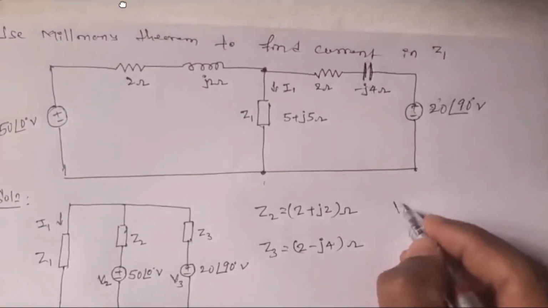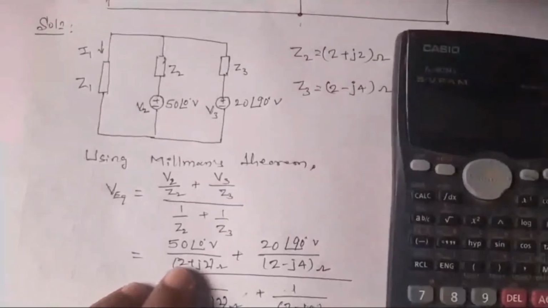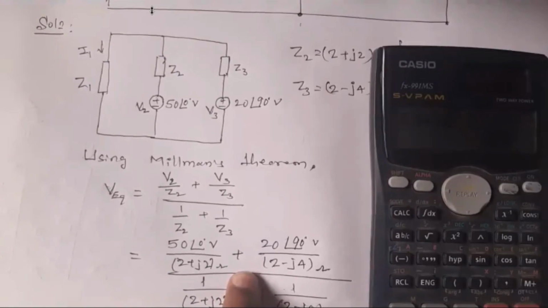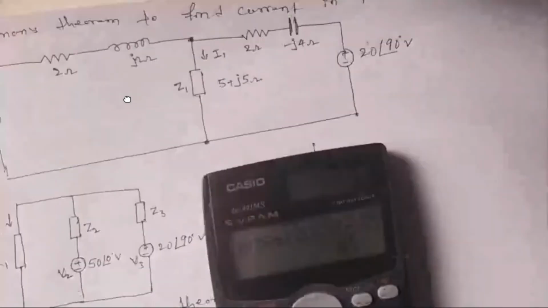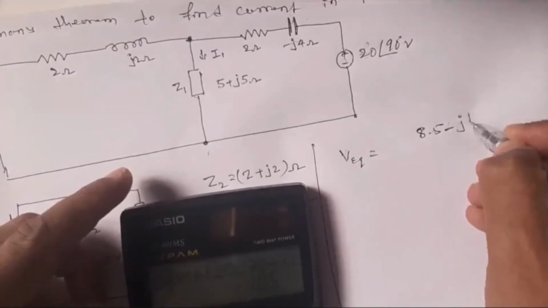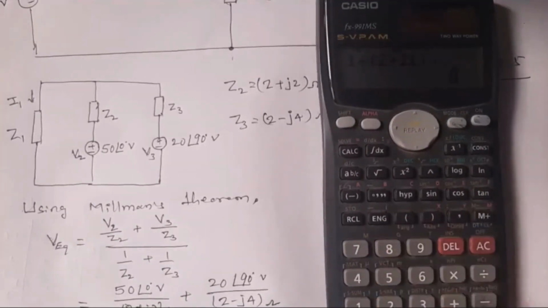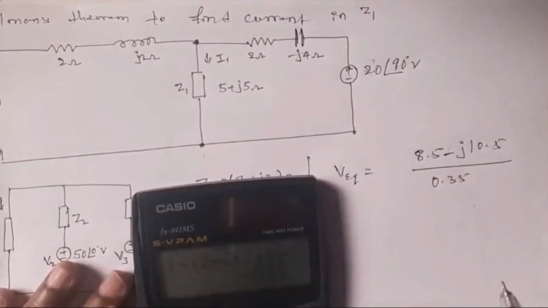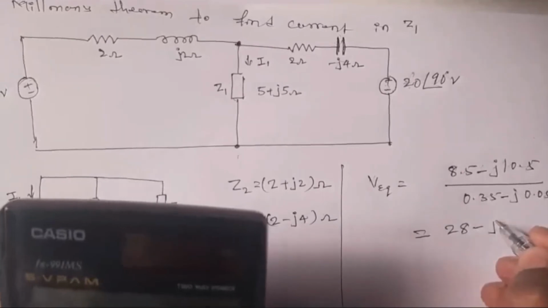Okay, so let me calculate this. V equivalent is equal to, if you calculate, again use calculator, 50 divided by 2 plus 2i is equal to this, and I'll directly add to this 20 angle 90 divided by 2 minus 4i, which is equal to 8.5 minus j10.5, divided by 1 over 2 plus 2i plus 1 over 2 minus 4i, which is 0.35 minus j0.05, and this is equal to 28 minus j26.